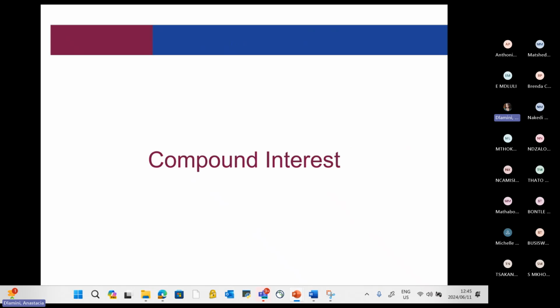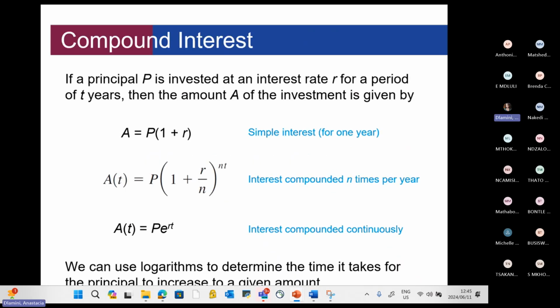Let's look at compound interest, guys. Now they say, in principle, P is invested at an interest rate of R for a period of T years. Then the amount A of an investment is given by, remember the simple interest. We talked about the simple interest formula, right?